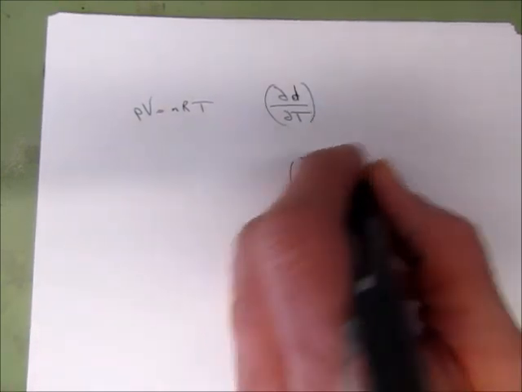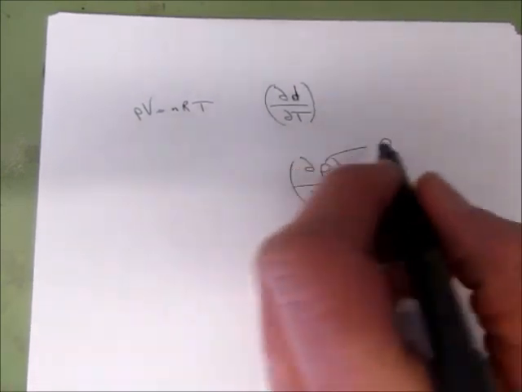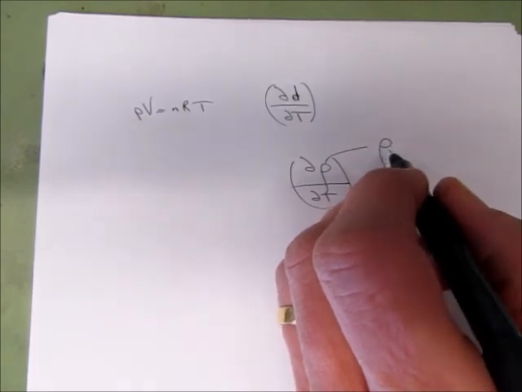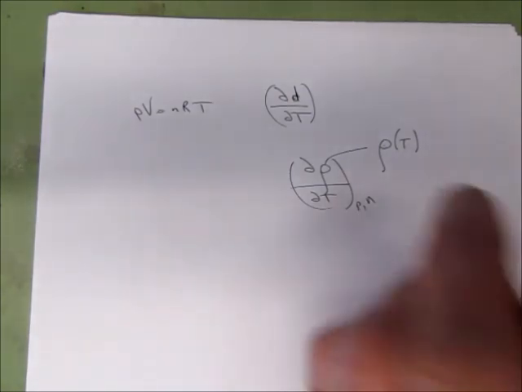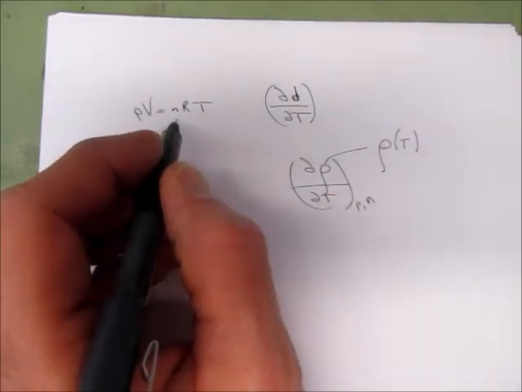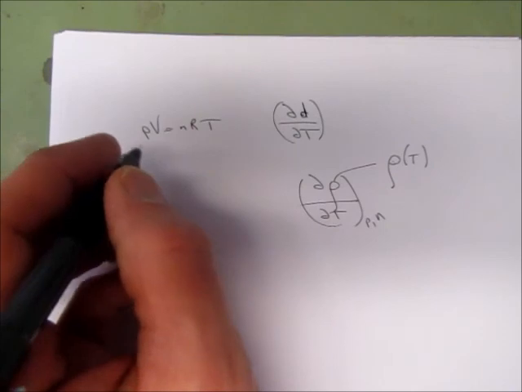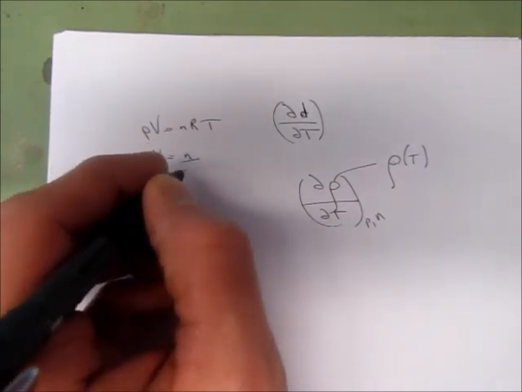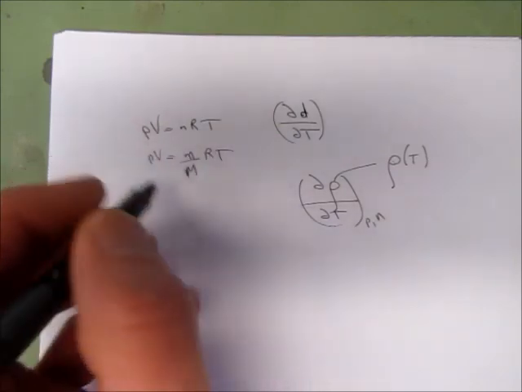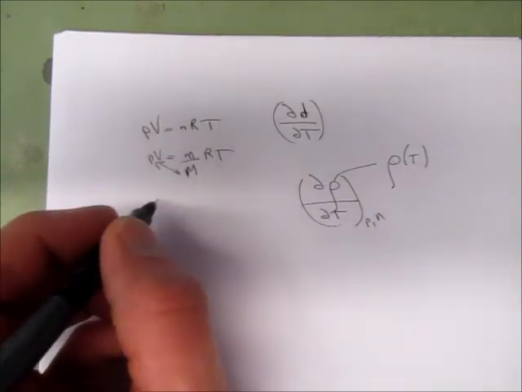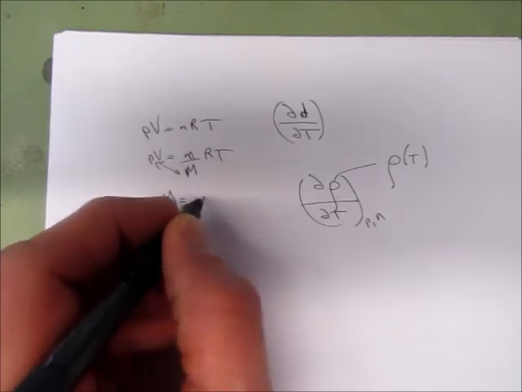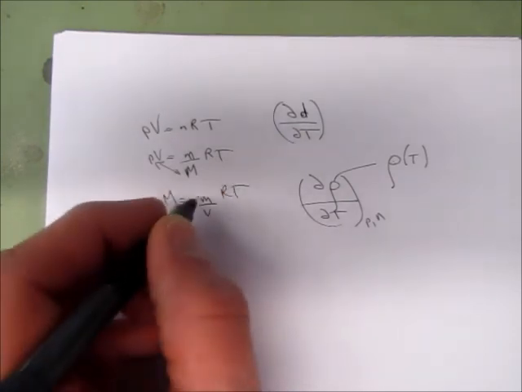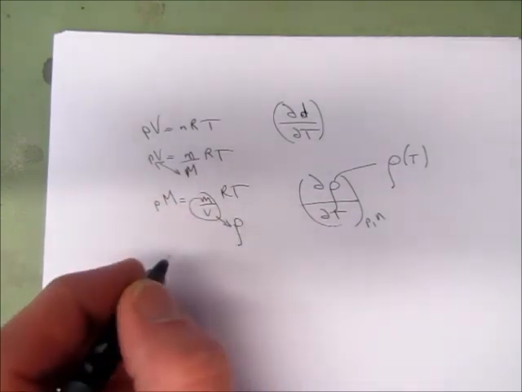So I need an expression of density, arguably as a function of T, but it has to come from an ideal gas formula. I think we know how this works. You get M divided by capital M, switch these two, and you get this M over VRT. That is density.